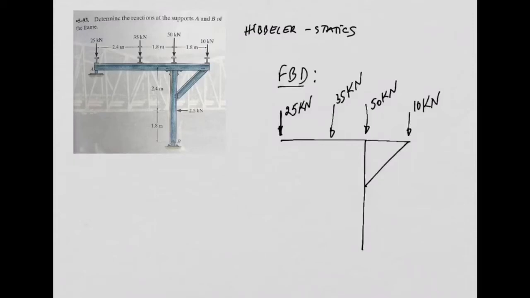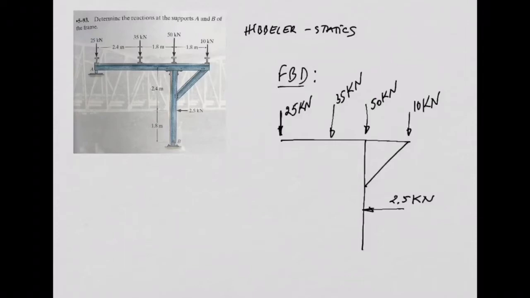Okay? And we also have this 2.5 kilonewtons. Alright, so what I did so far was isolate the frame from the supports. I removed the supports and represented all the external forces on the frame. Now I need to replace the supports with the reactions. Okay?